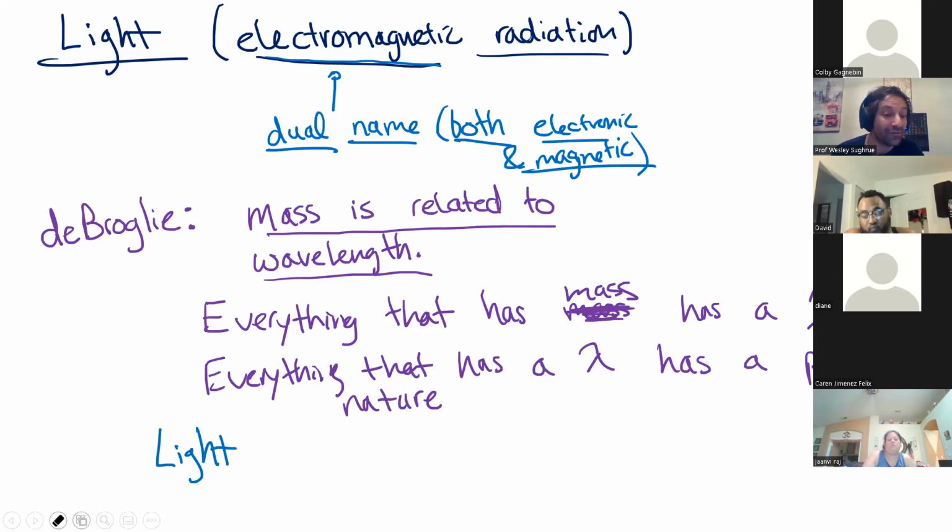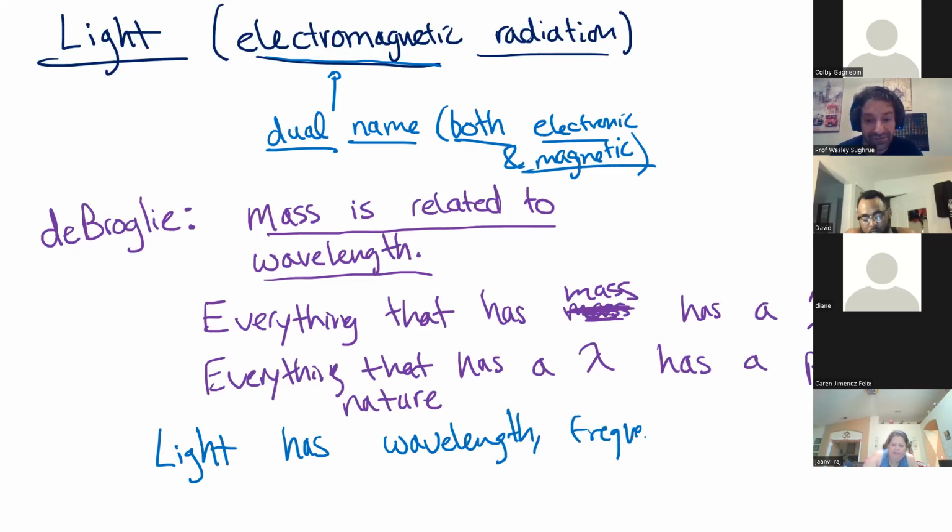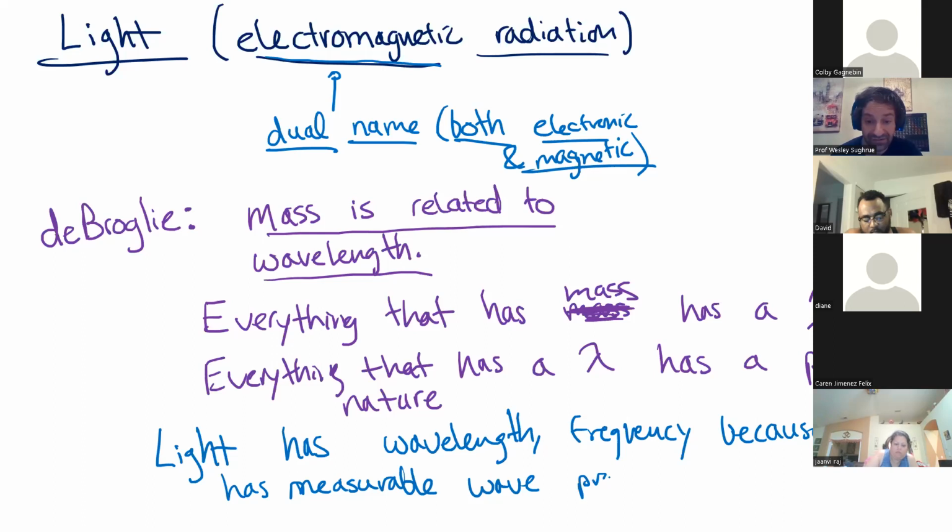Light has wavelength, frequency, because it has very measurable wave properties.